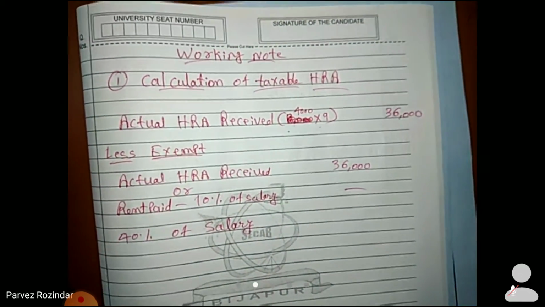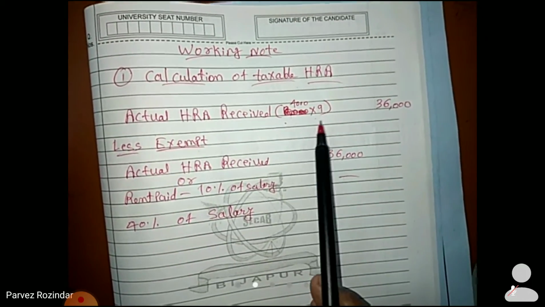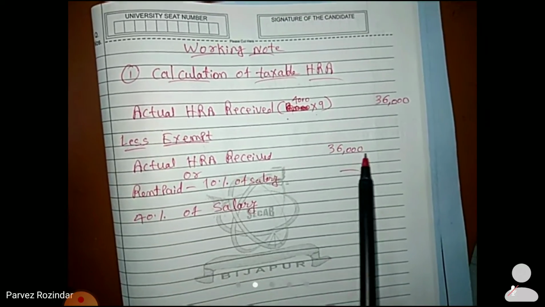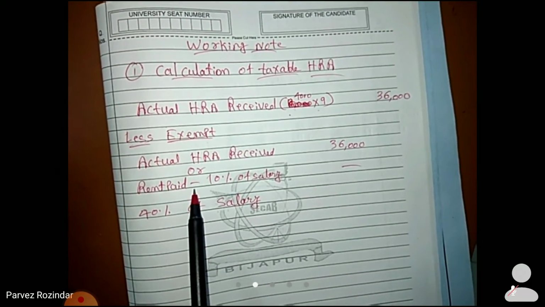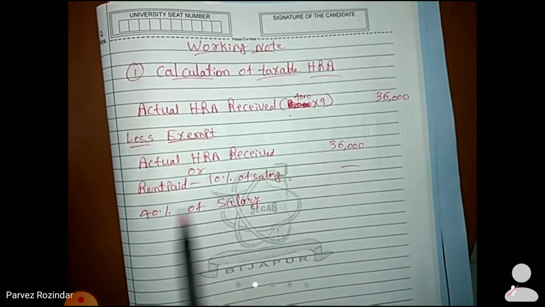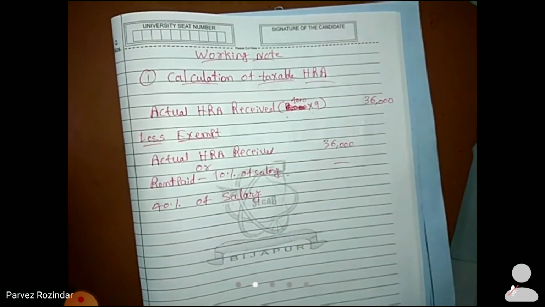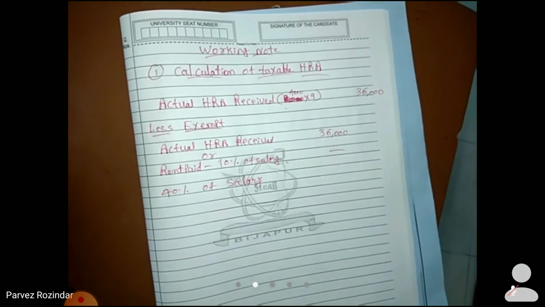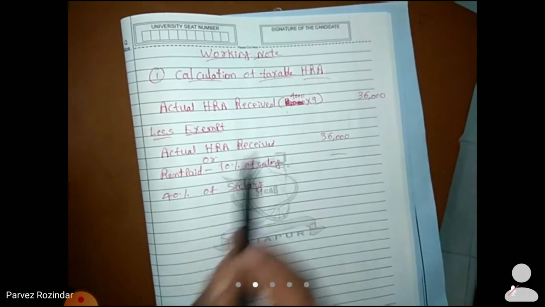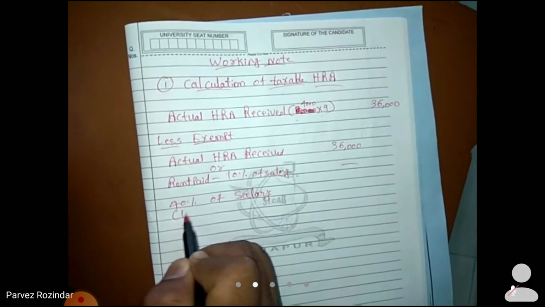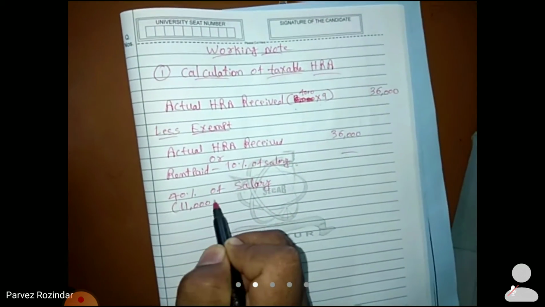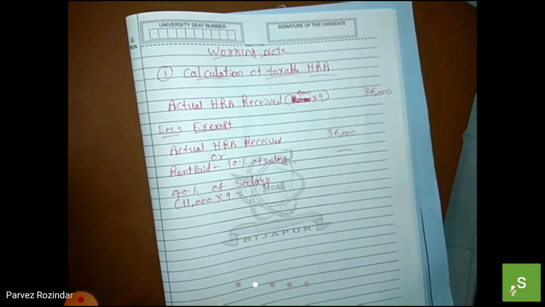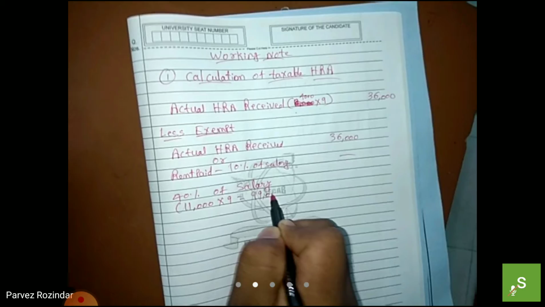So actual HRA received 4,000 into 9, that is 36,000, less exempt: actual HRA received 36,000, or rent paid minus 10% of salary, dash, or 40% of salary. Now salary for HRA is how much? Just now you calculated: 11,000 rupees per month into 9 months, so that is 99,000.